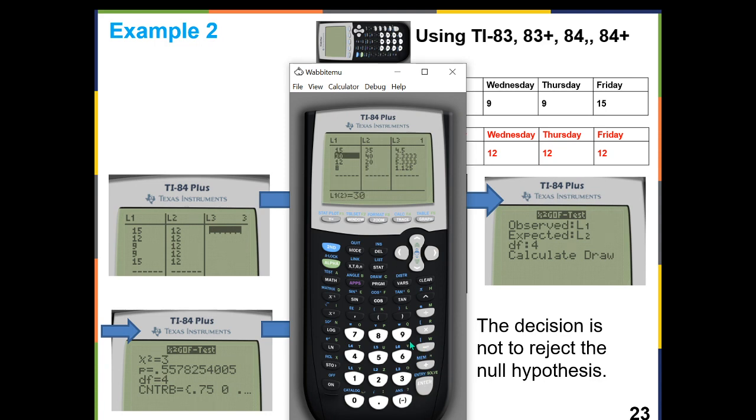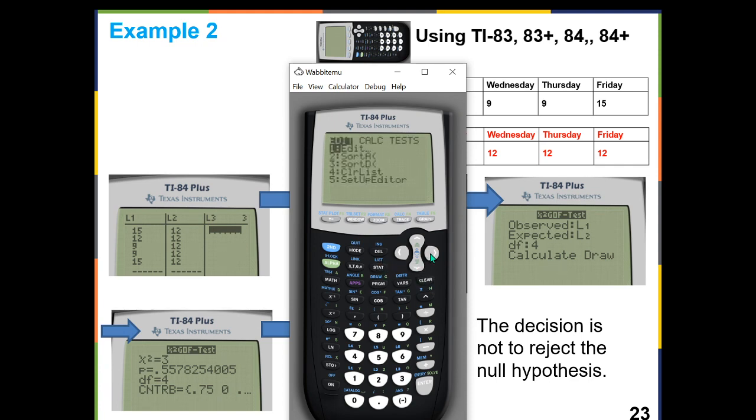So 15 and 12 and 9 and 9 and 15, and in L2 I'm going to put, well, it's just all 12, right? 12, 12, 12, 12, and 12. Okay, now I'm going to run the test.